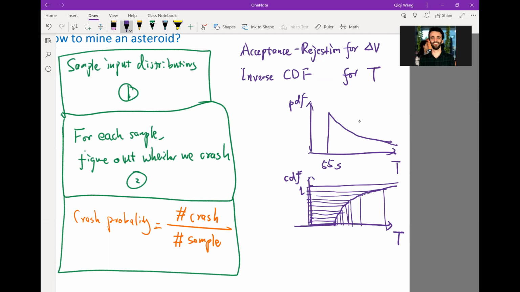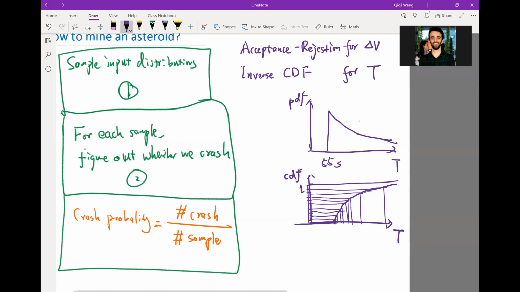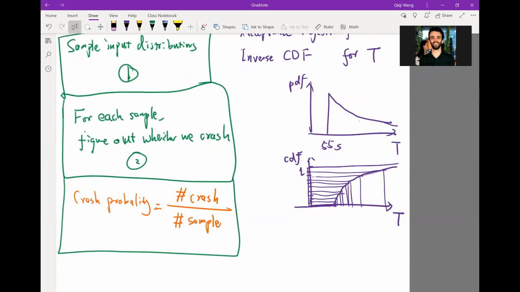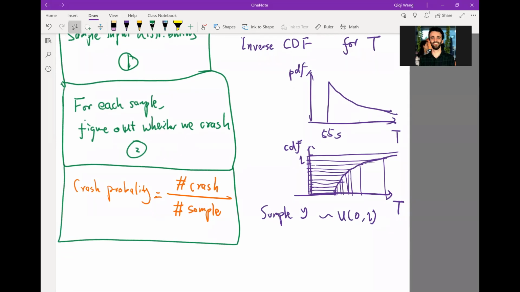When the CDF is shallow, the same width of bin on the y-axis gets mapped to a wider region on the x-axis, so the samples are less dense in these regions. Essentially we sample y, a uniform 0, 1 distribution. So this is U. And we use the inverse CDF.